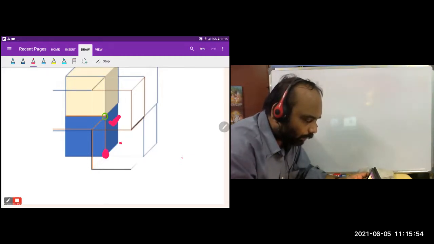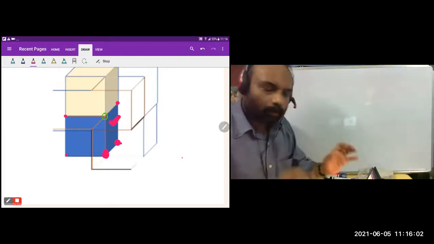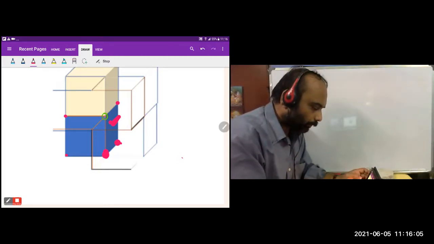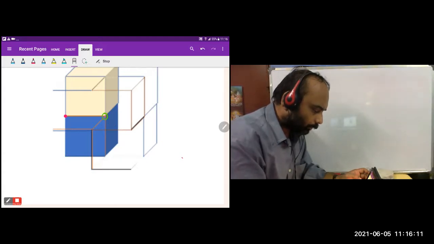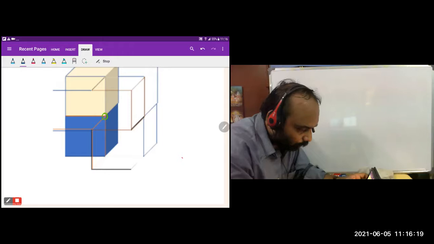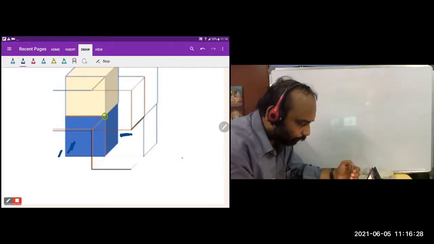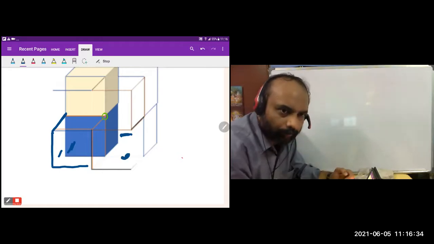We have another corner atom here, backside, and we have one at the center of the body. I have one cube next to this blue, one cube in front, one cube next to it.